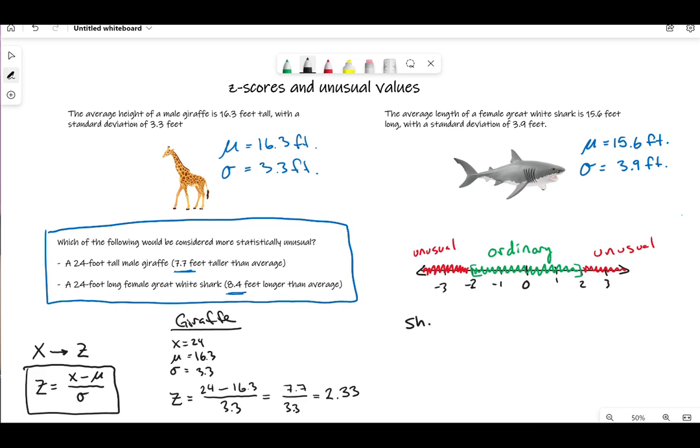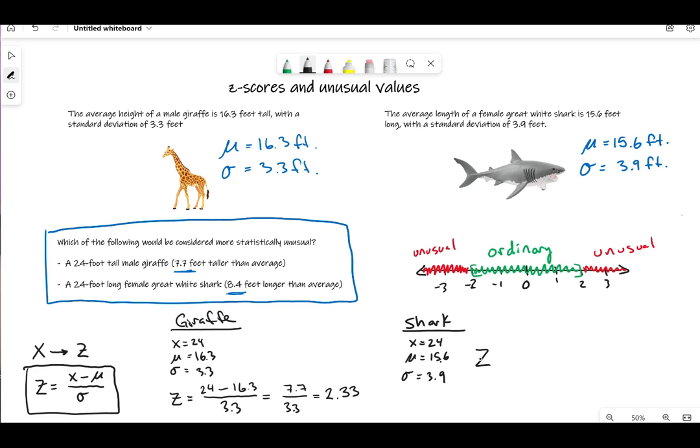Okay, and we'll do the same thing for the shark. Convert the 24 feet long to a z-score. For that, we need the mean, which is 15.6, and the standard deviation, which is 3.9.